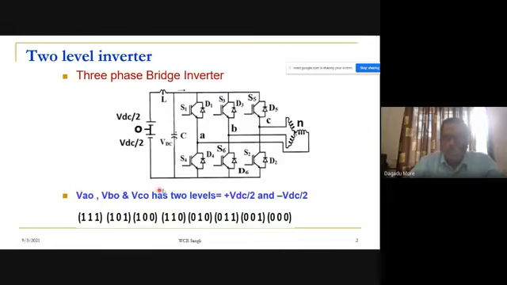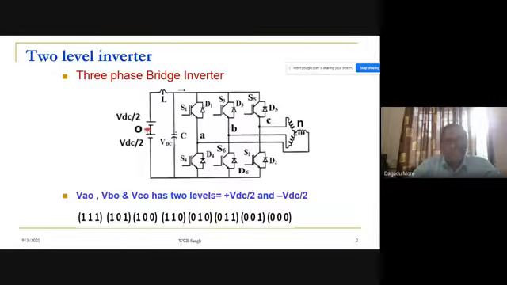Let us assume when S1 is on, our VAO will be plus VDC by 2, because point A is connected to the upper rail. So VAO will be plus VDC by 2 when S1 is switched on. Whereas when S4 is switched on, point A will come to the negative of this and our VAO will be minus VDC by 2.